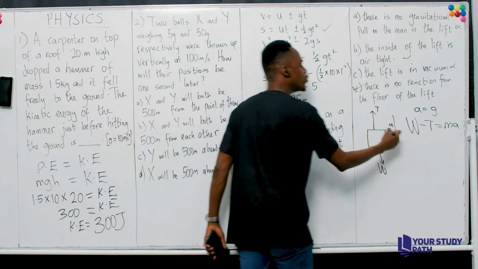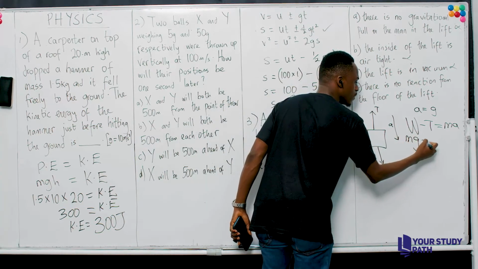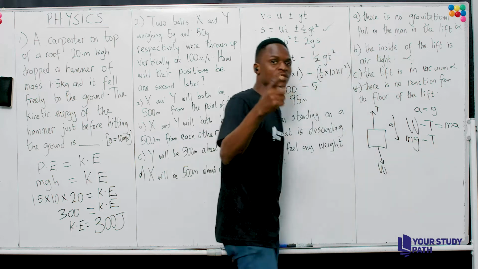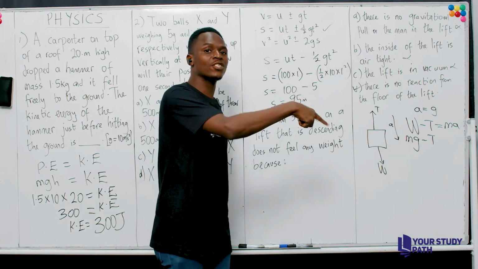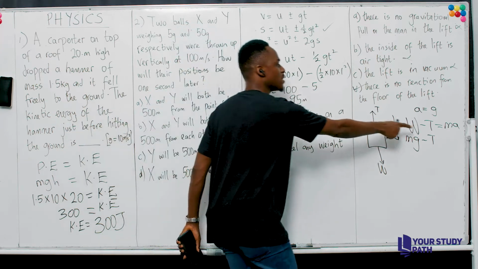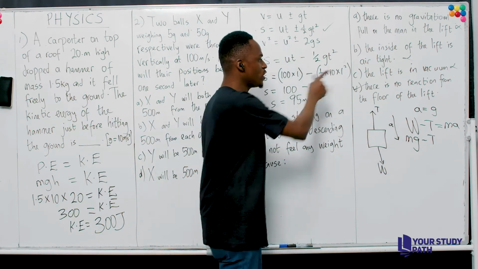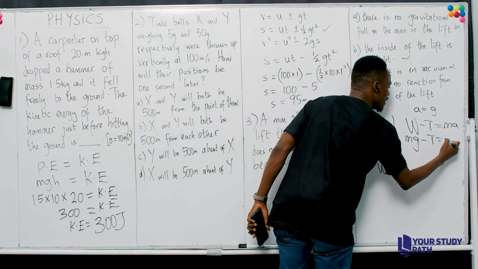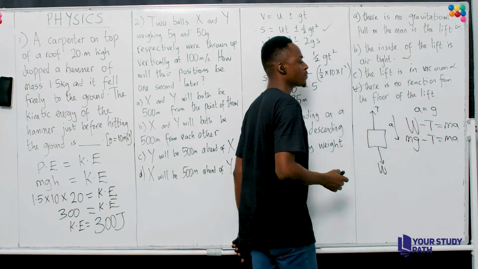We have W equal to mg minus the tension, which is the upward reaction. Remember, Newton's third law says to every action there is an equal and opposite reaction. So that is the T, the reaction that acts to balance up. So we have that this is ma.